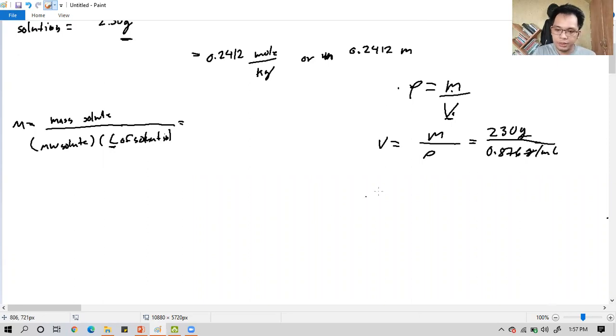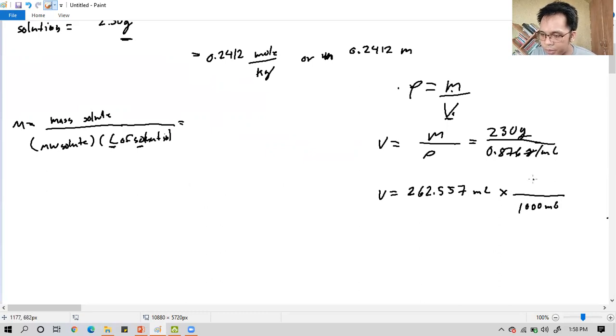So the volume of the solution is 262.557 ml. This is what we will substitute now. Of course, we convert it to liters for convenience in placing it in the equation. So that would be times 1 liter per 1,000 ml, and that would be 0.262557 liters.